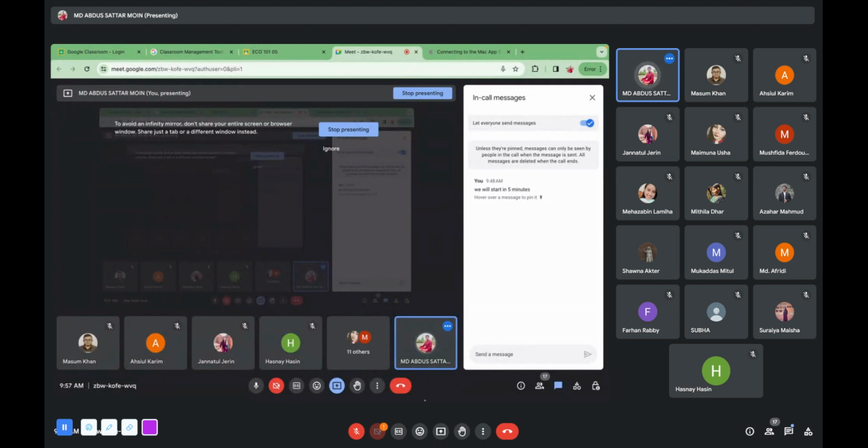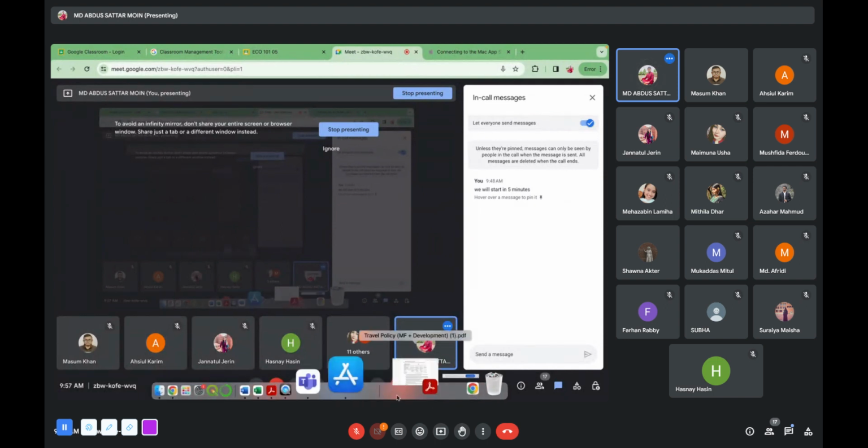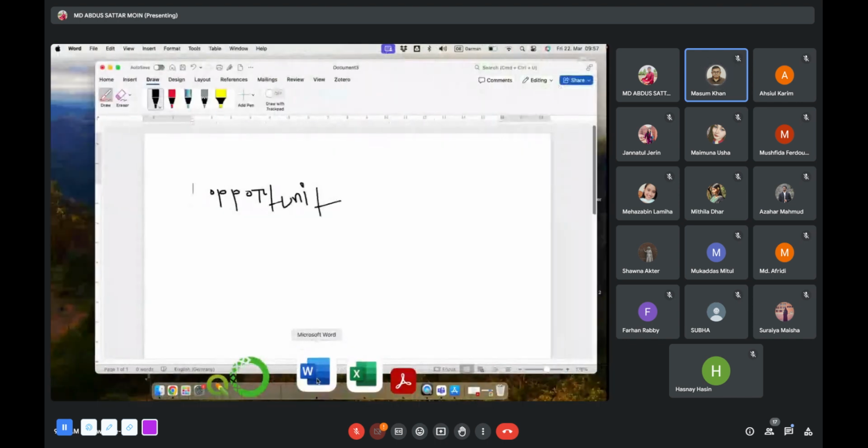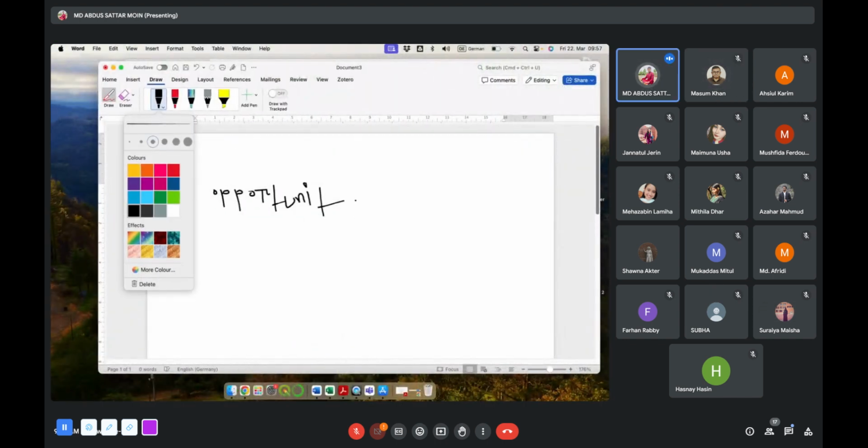Can you see the screen? Yes, sir. It's visible. So, opportunity cost.